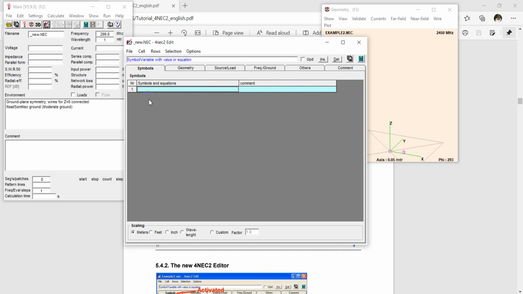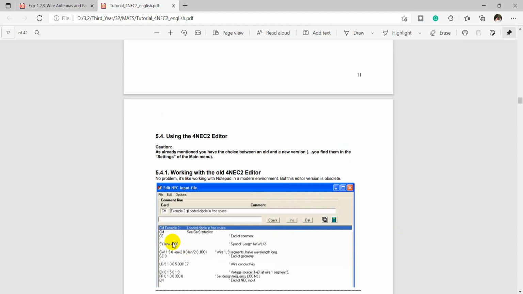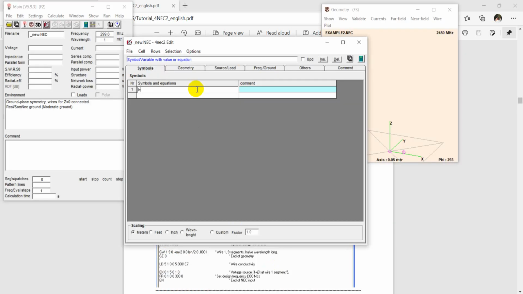So when we go to the symbol section, we define length L equal to 0.4836, according to the value they are taking, and you can add a comment. It's not mandatory, but to understand things clearly in further steps, you can easily visualize what this symbol indicates.